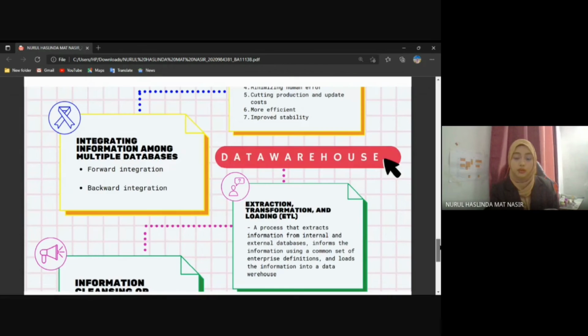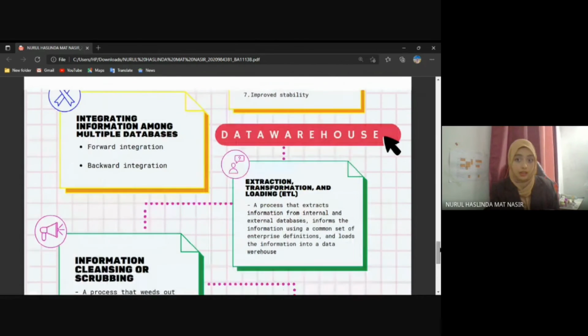Now I move to the data warehouse. In addition, extraction, transformation, and loading, or we call it ETL, is a process that extracts information from internal and external databases, transforms that information using a common set of enterprise definitions, and loads the information into a data warehouse.